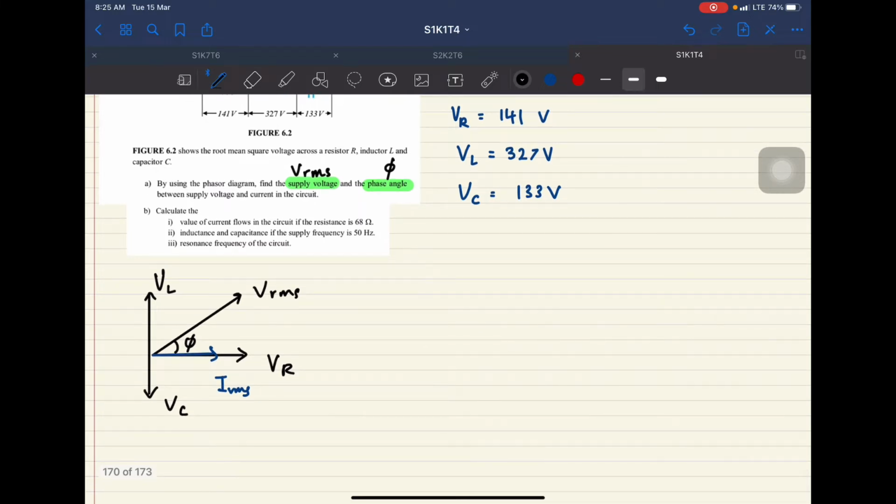So if you want to find the supply voltage VRMS, you can use the formula. I mean, you can refer to this diagram. So basically VL minus VC square plus VR square, and you should get the Pythagoras over there. So VRMS is the square root of VR square plus (VL minus VC) square.